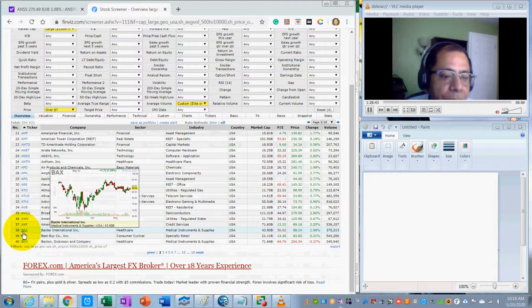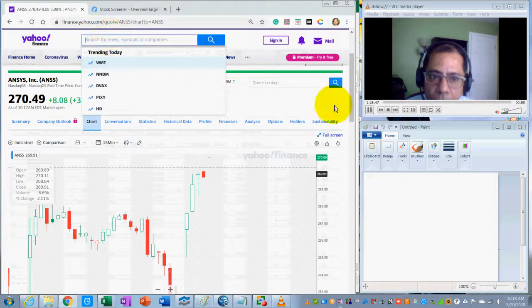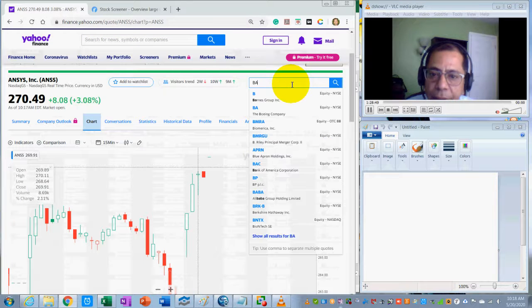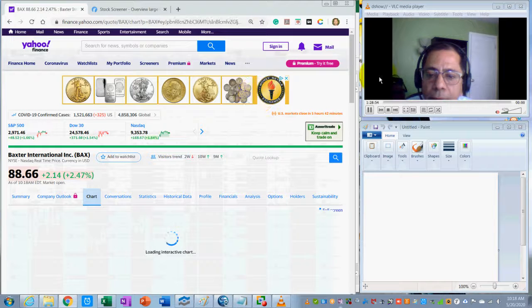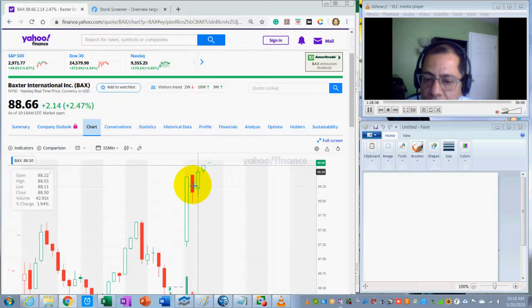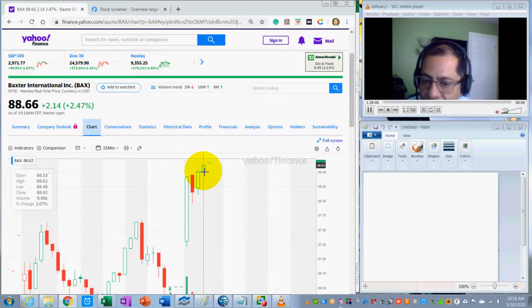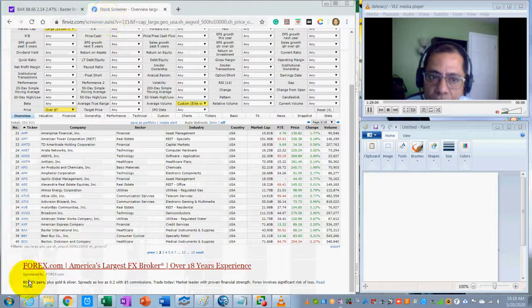Say for example you take BAX. Let me see if I can get it here. BAX, and you see that it probably will also take a U-turn. No, it did not take a U-turn. So it is still rallying. Maybe later on it will. So let's take another one, BDX.